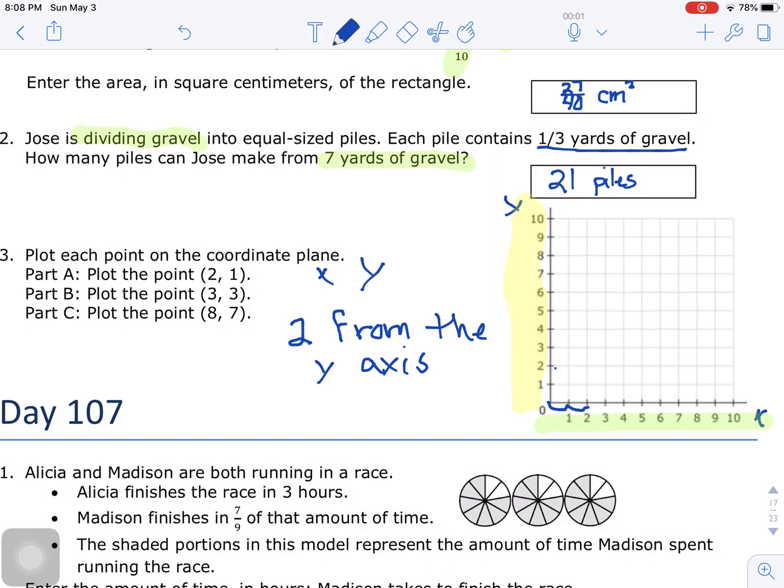Well, we already know that. And the y-coordinate, we can think of it as being 1 from the x-axis. So if we started on the x-axis down here and we were 1 from it, we would go up 1, right?